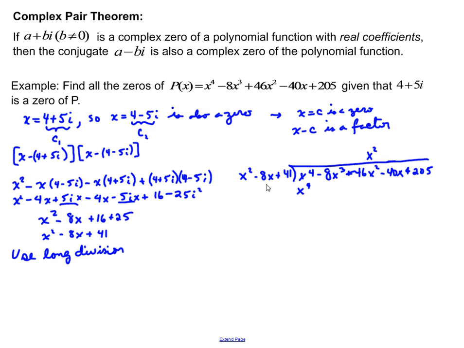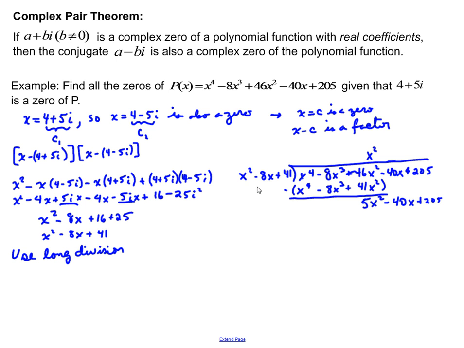X squared times negative 8x gives me minus 8x cubed. 41 times x squared, so that's plus 41x squared. And we're going to subtract that entire expression away from the line above it, which means the x cubed term drops out, and now we're left with 46x squared minus 41x squared, so that's 5x squared, minus 40x plus 205.